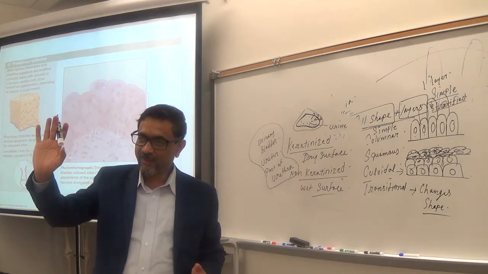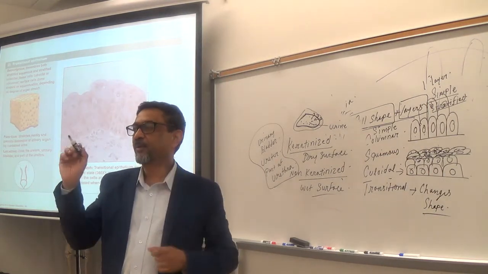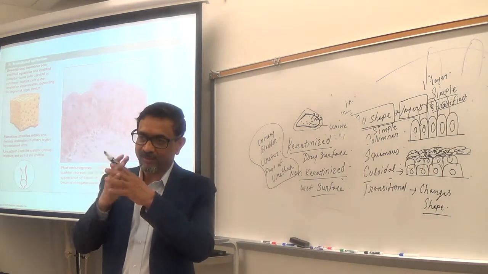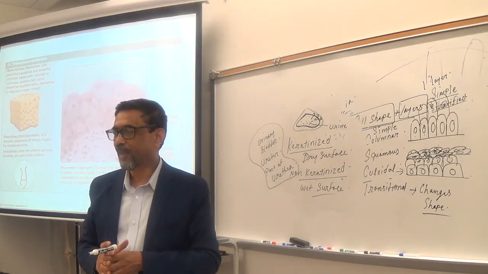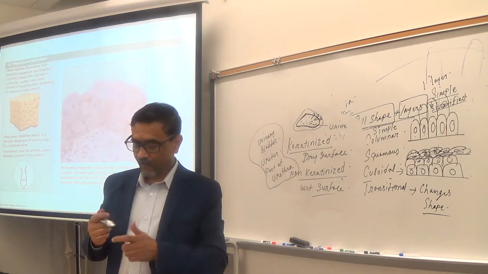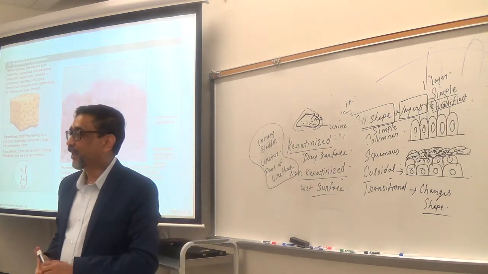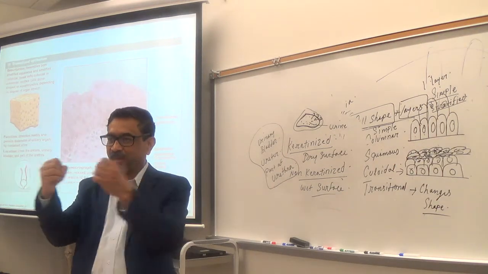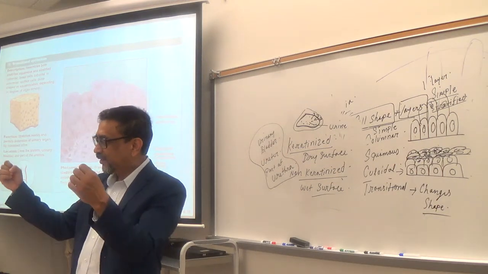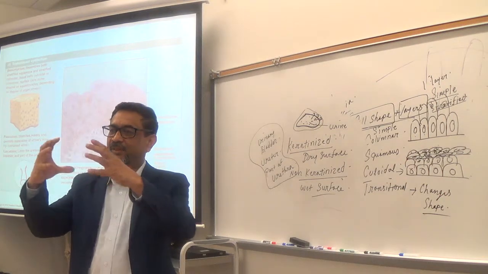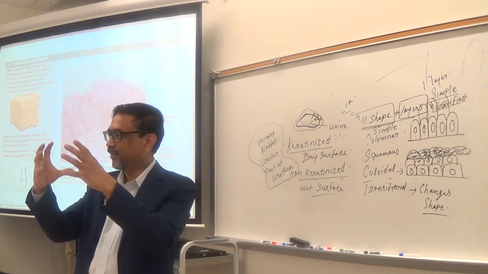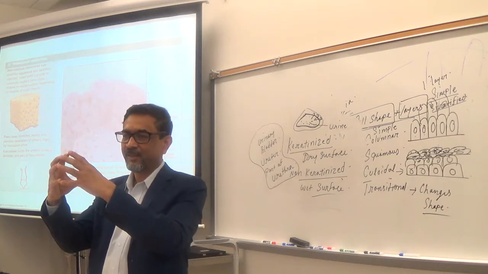Make sense? Number one, function is it prevents the fluid pass through it. Number two, transitional epithelium, the cells can change the shape, right? By changing the shape, it allows the bladder to expand and contract.